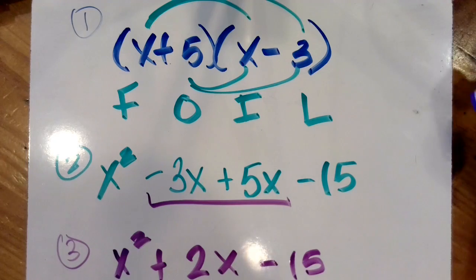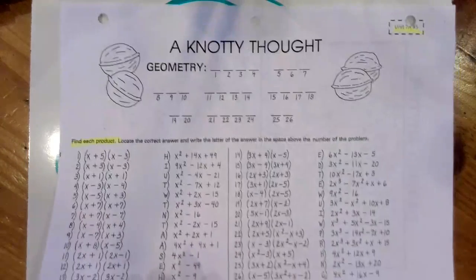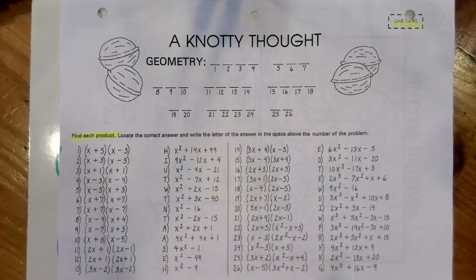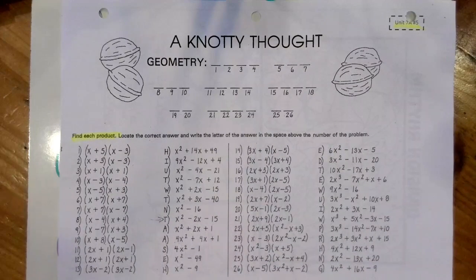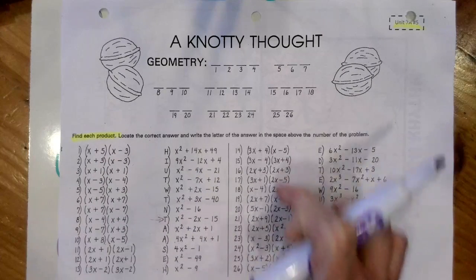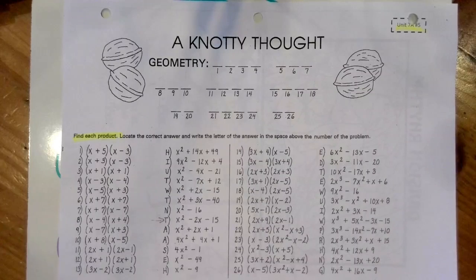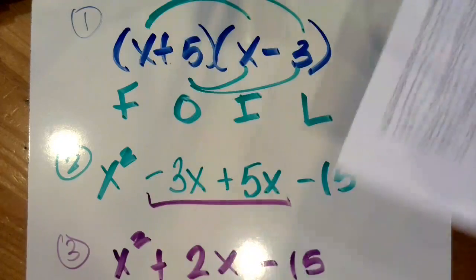If you look at your worksheet, my x squared, positive 2x, minus 15 is right here at choice T. So I'm going to help you multiply these out, and you're going to do your own matching to be able to figure out which letter it fits with.